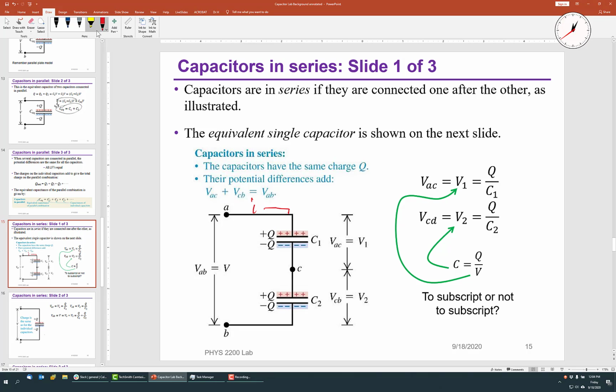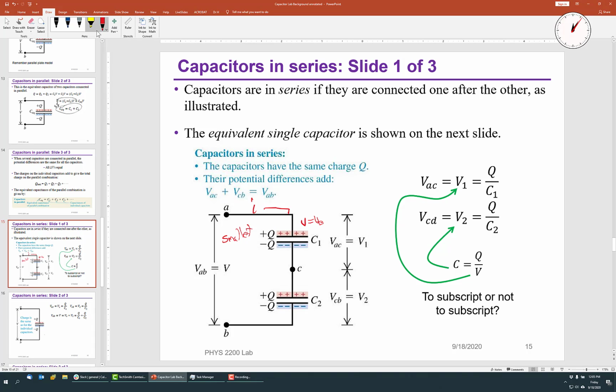So when the smallest one fills up, let's say C1 is smallest, as soon as C1 is full, then the potential here equals the battery potential, and no more current can flow. So even though C2 wants more charge, it can't get it. So they both have the same Q.